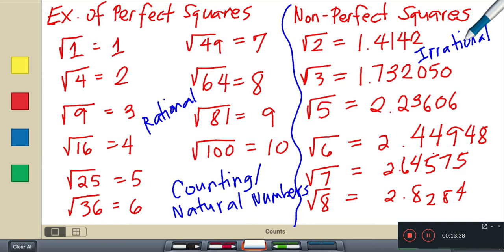So all non-perfect squares are irrational numbers, and all perfect squares are rational numbers under the counting or natural numbers. I hope that this makes sense to you, because once you understand this concept, you will apply this in the real number system, like identifying the best category for each number.